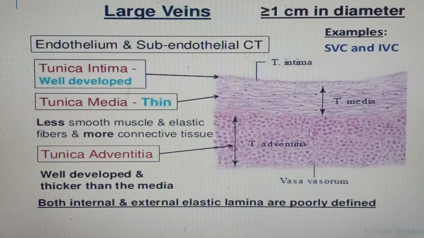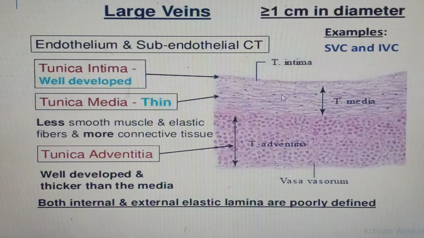So there's a large vein that we have. Yes, you can see that it's going to have a well-developed tunica intima. Tunica intima, we mean that yes, the endothelial layer, the endothelium, will be there. There will be a subendothelial layer of loose connective tissue. Then, of course, yes, there will be a thin, as I said, reduced layer of smooth muscle, which is also endowed with a lot of connective tissue fibers.